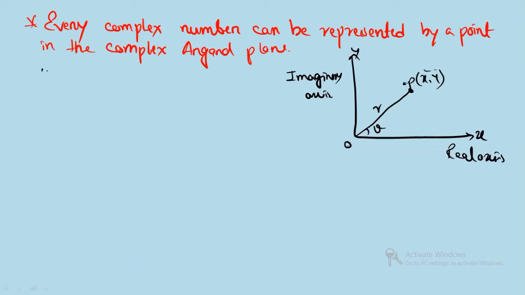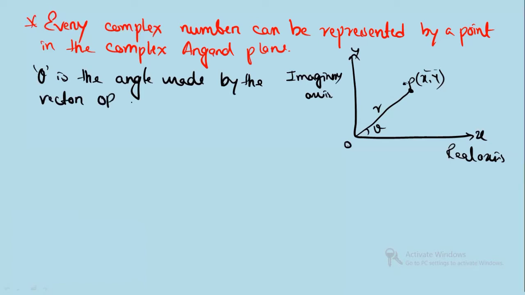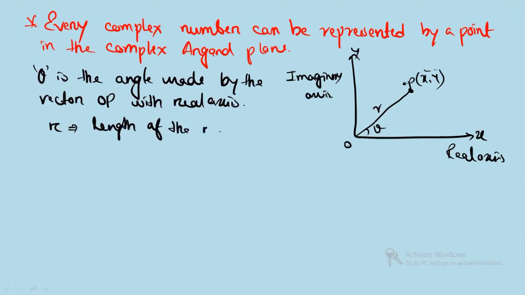So theta is the angle made by the vector OP with the real axis. r is the length of the radius vector.